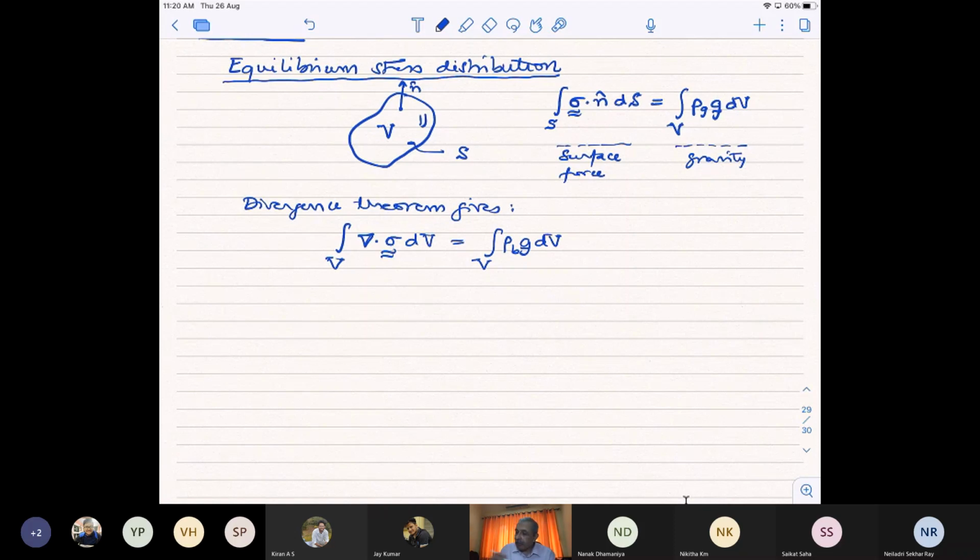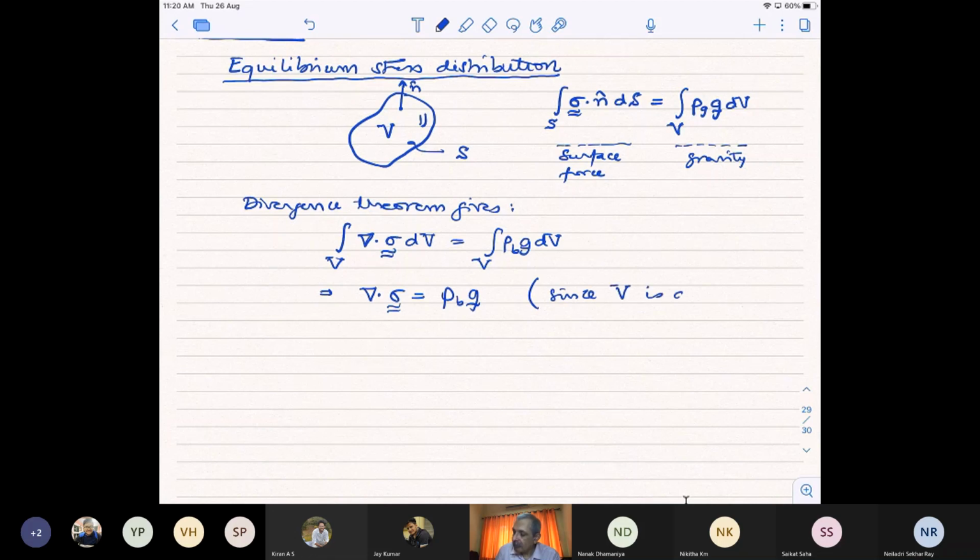Now, since this volume that we have taken is arbitrary, whatever this equation is must be valid at every point. So this essentially gives us a point-wise equation which says that divergence of sigma must be equal to rho b g.